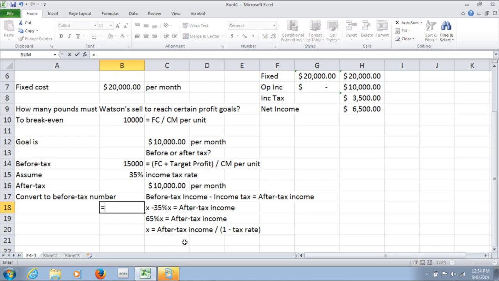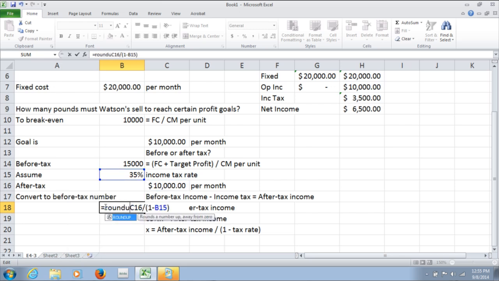So in converting to a before tax goal, the dollar amount would be 10,000 divided by 1 minus 35%, or 15,384 and change.